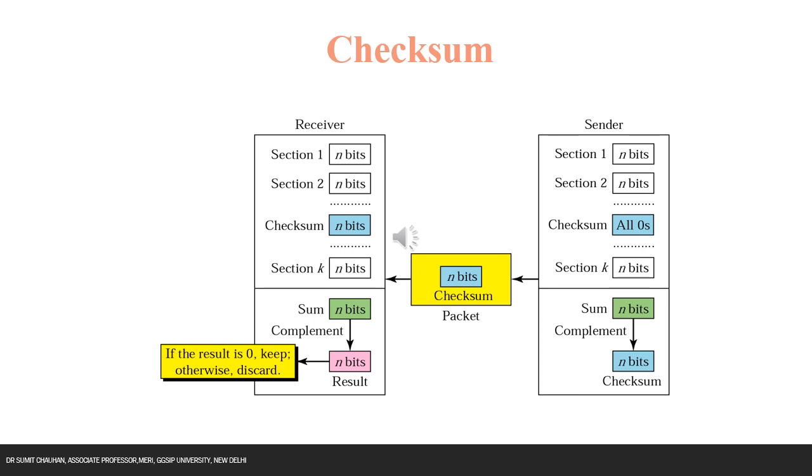Now we'll send the data bits along with the checksum, and at the receiver's end we again make a sum of all the bits including the checksum, and when we complement that sum, if the result is 0, then it means that the data is error free, otherwise we need to discard the data.